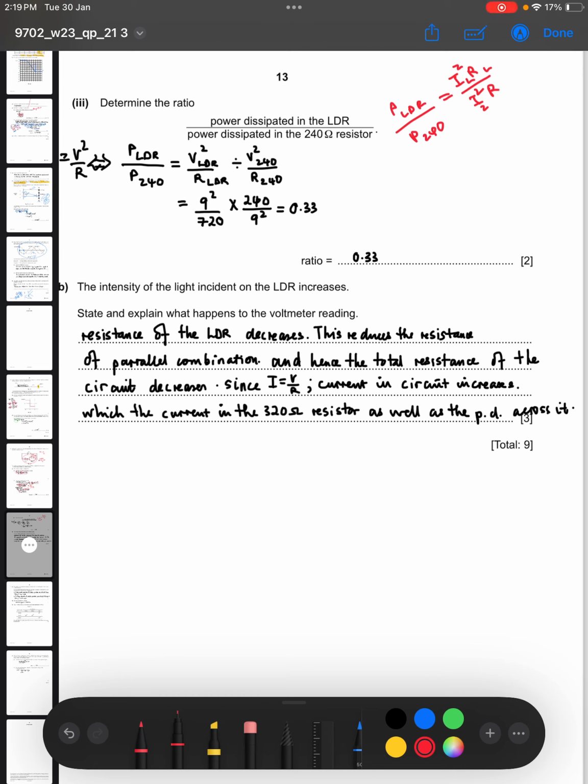Since I is equal to V over R, in this case V is the EMF of the battery, and R is the circuit resistance, current in the circuit increases, which is also the current in the 320 ohm resistor, which also increases, sorry, I didn't write it correctly, which also increases the current in the 320 ohm resistor and the PD across it, according to what I explained above.